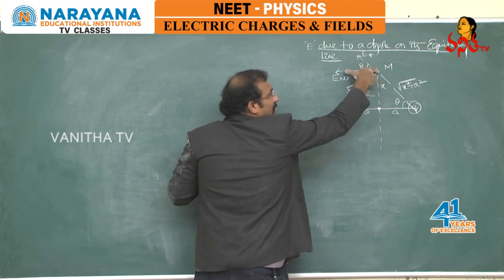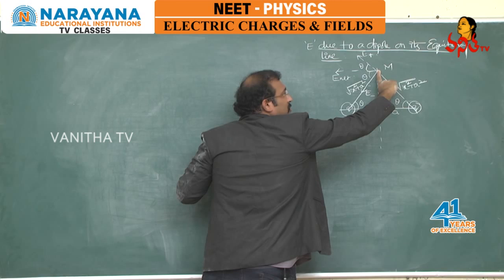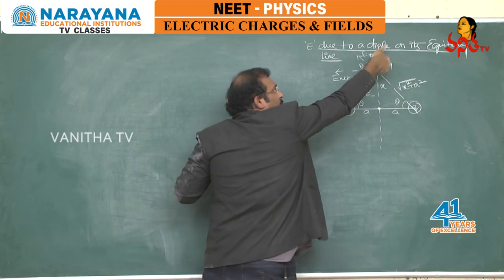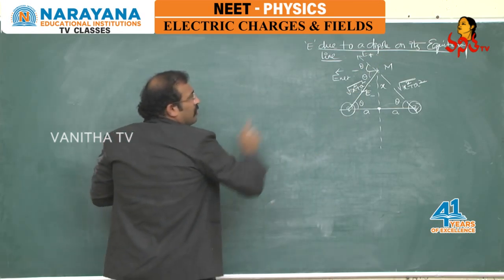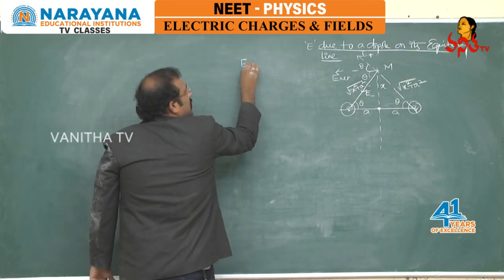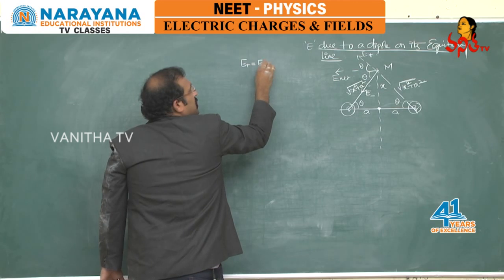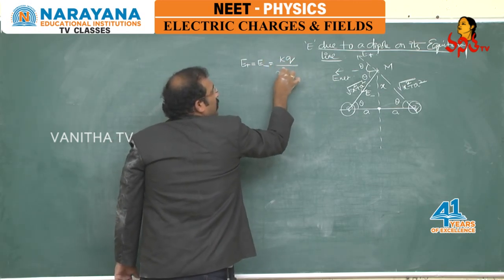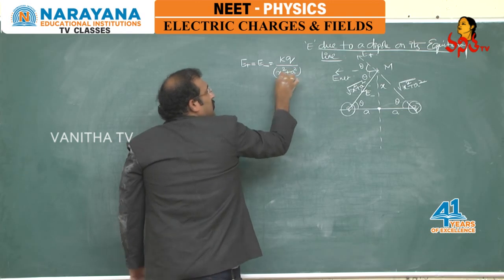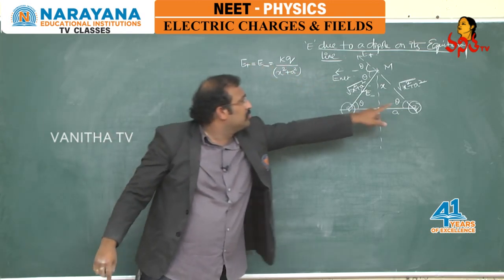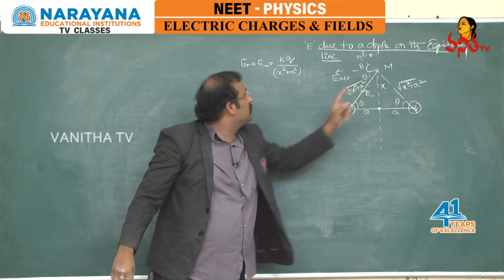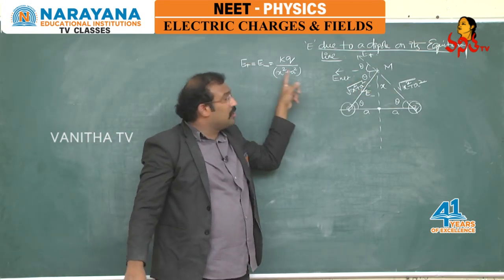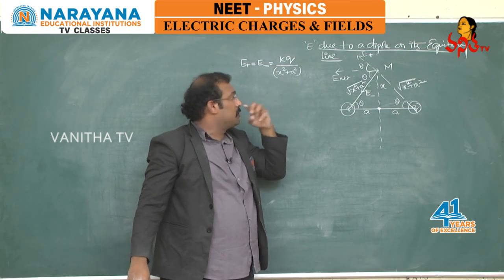One component will be like this and one component will be like this. From here we can understand E plus is equal to E minus, which will be equal to kq by (x square plus a square). The electric field due to the positive charge at this point and the electric field due to the negative charge at this point are both of equal magnitude.